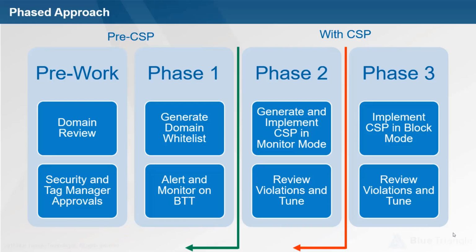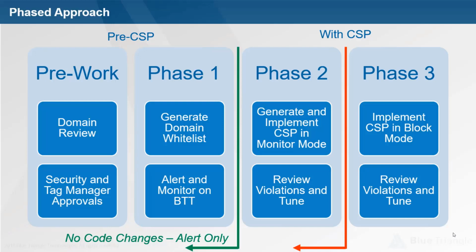Both somebody from a tag administrator point of view and a security administrator point of view can apply those things, and that creates a whitelist, and we will provide alerting and monitoring through the Blue Triangle portal, and that requires no code changes. So all that's done within the portal. We're going to collect all that data, have you approve those domains, and then alert upon those without actually making any code changes.